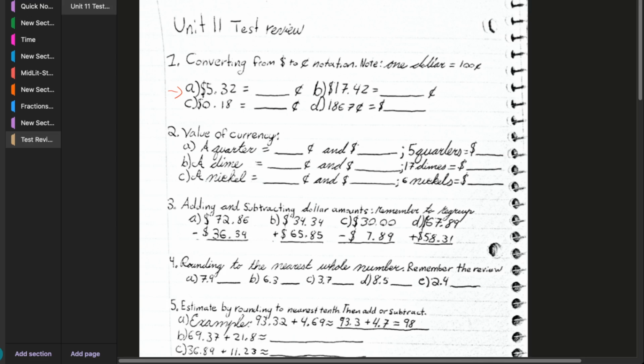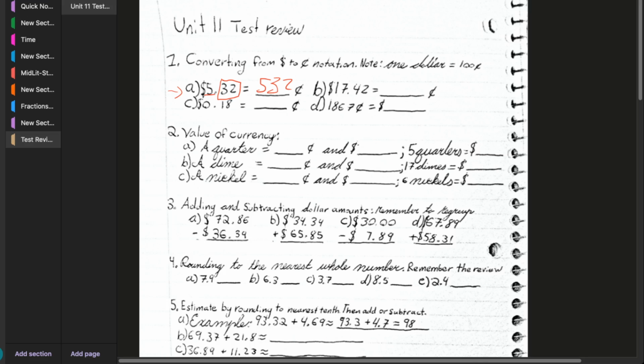Well, we know that $5 is equal to 500 cents, and the 32 extra is basically 32 cents. So you end up with 532 cents. Right behind the decimal, you have 32 hundredths of a dollar, right? And that turns out to be cents, right? So it's pretty simple conversion.